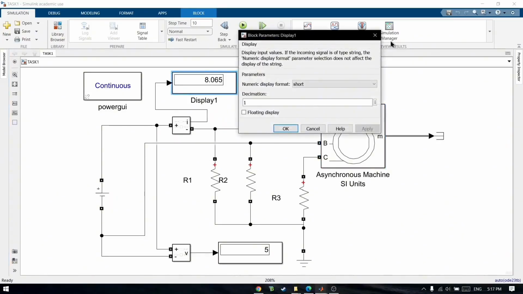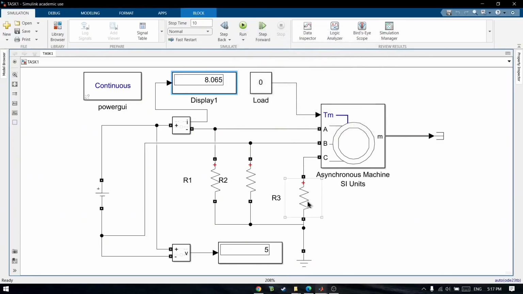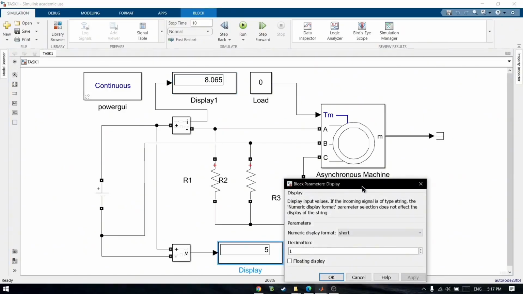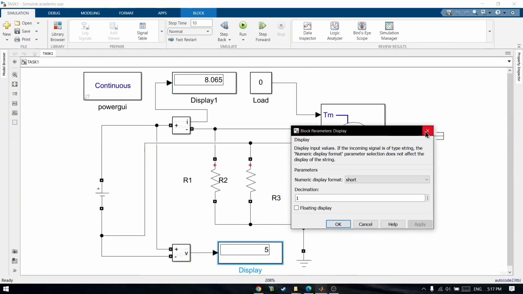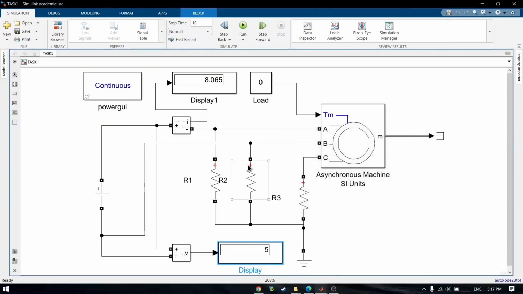So from the result, we can calculate the stator resistance using Ohm's law. R equals V over I. Substituting the values from the simulation gives us the value of R, which will be used in subsequent tests.